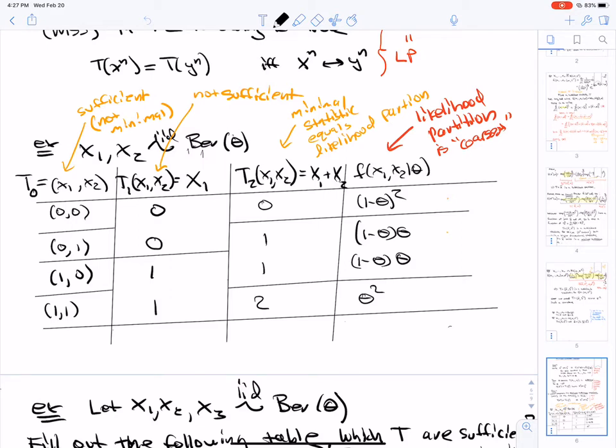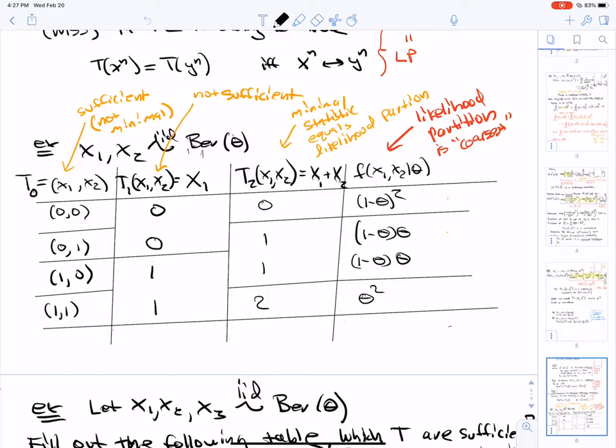What I mean by finer is that you can get it from the likelihood partition by just adding a horizontal line, for example between (0,1) and (1,0) in the likelihood partition case.